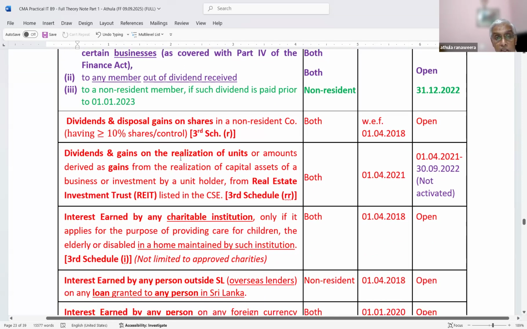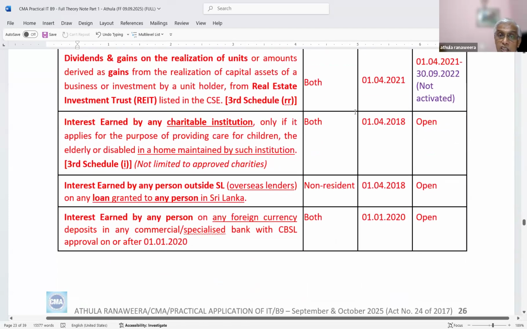Then dividends and gains on realization of units of a real estate investment trust. It is useless to talk about this because there wasn't any company in Sri Lanka under this category. Then this may be important. Interest earned by any charitable institution.